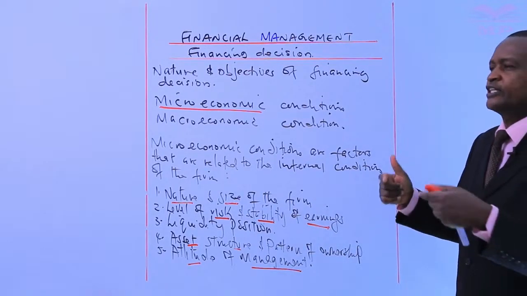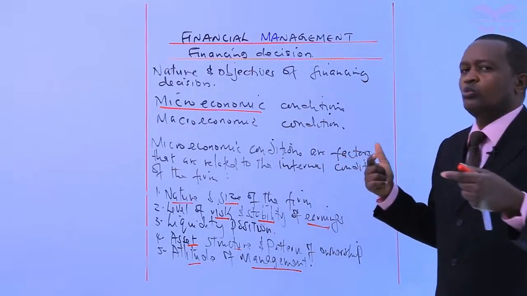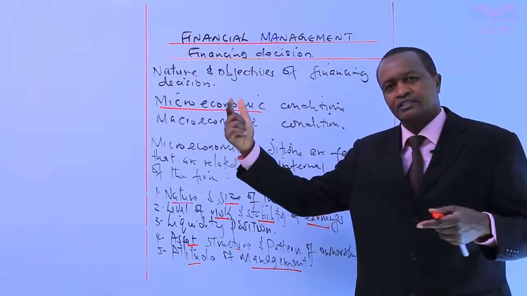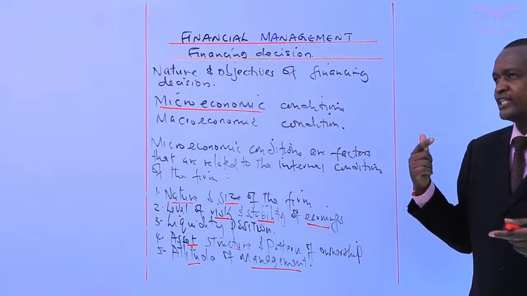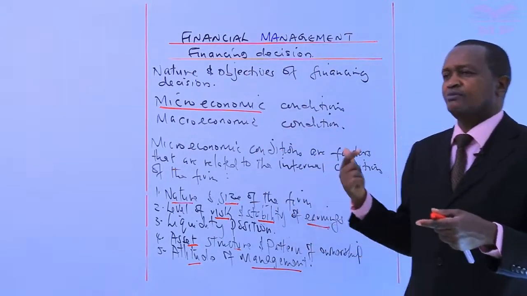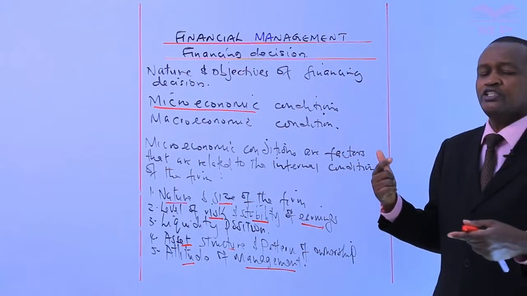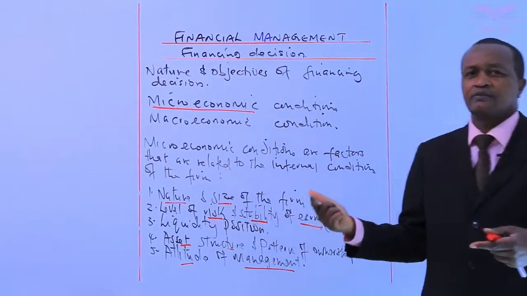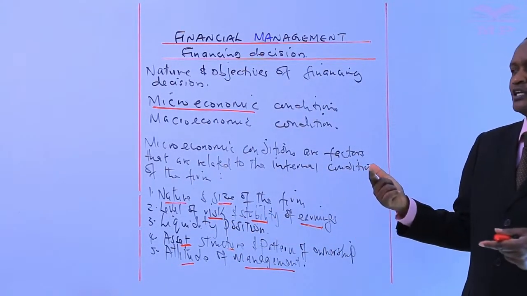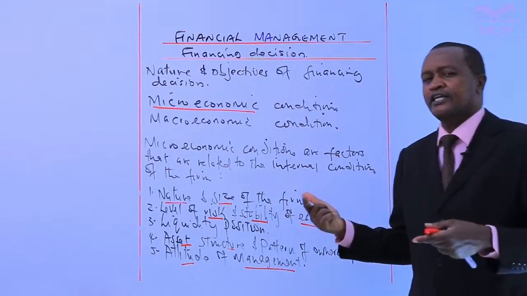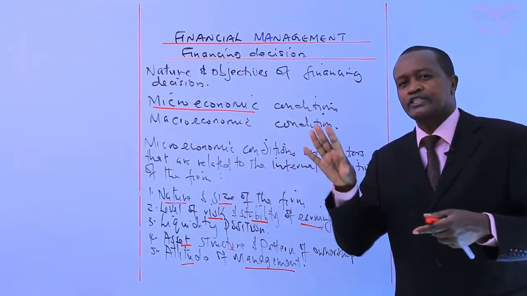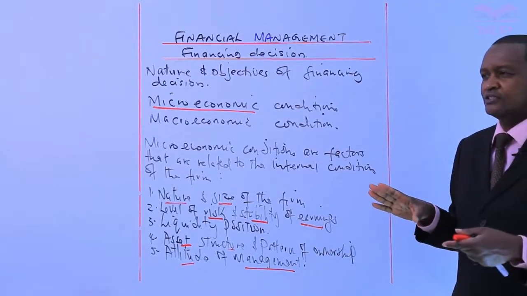A conservative finance manager is one who does not take higher risks, because to attain high profitability, one has to undertake risky projects. Those kinds of endeavors are not pursued by conservative finance managers.